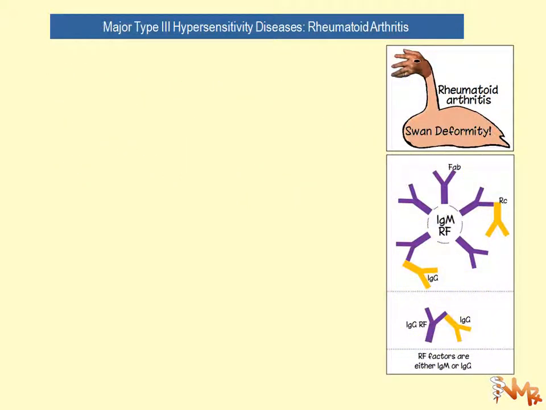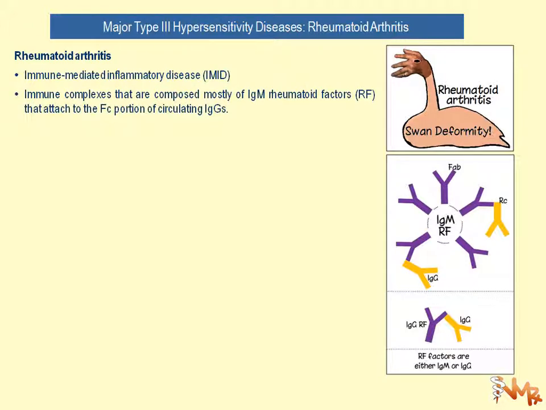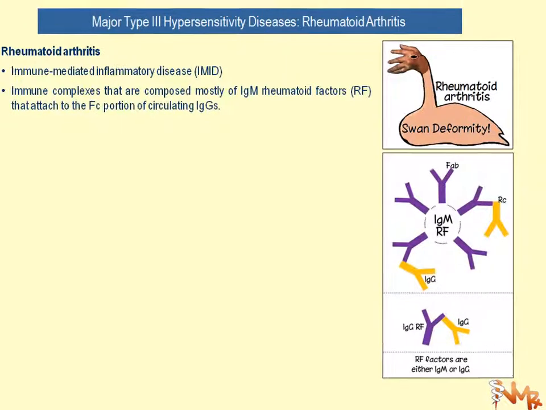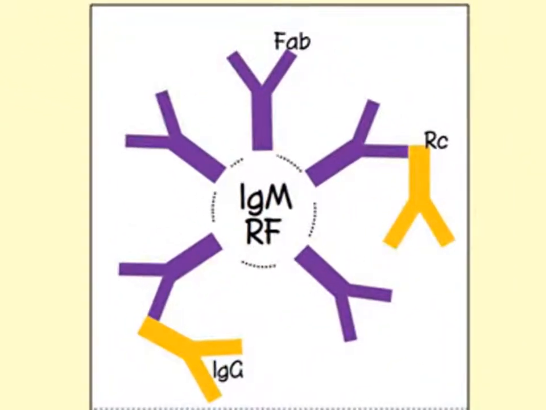The next type 3 hypersensitivity disease that we have to discuss is rheumatoid arthritis. This condition is an immune-mediated inflammatory disease, IMID. Immune complexes that are composed mostly of IgM rheumatoid factor, or RF, attach to the Fc portion of circulating IgGs.